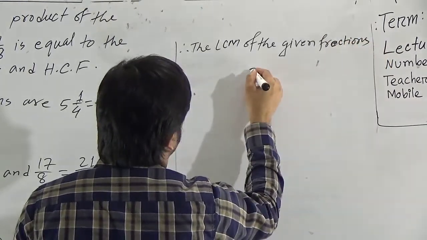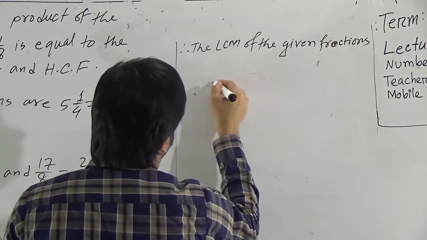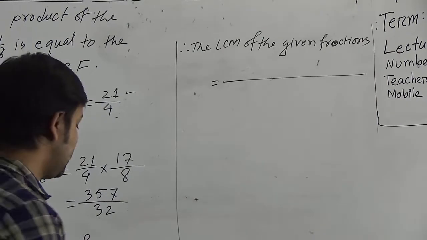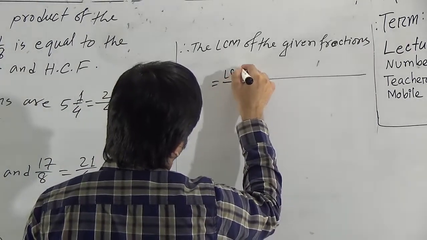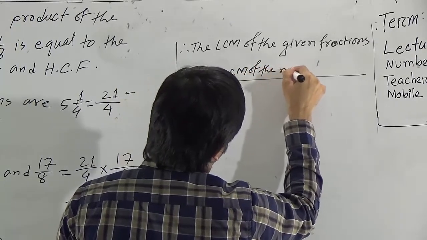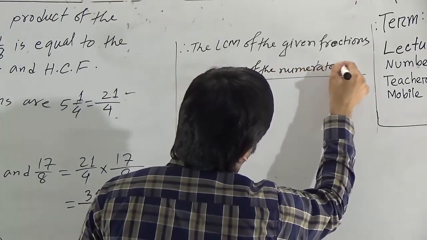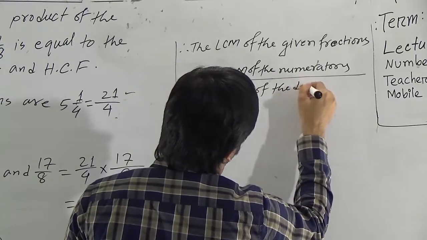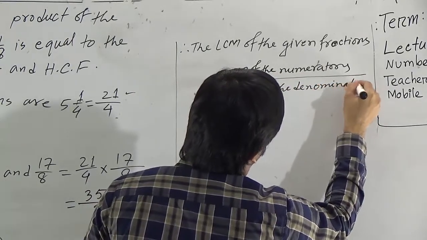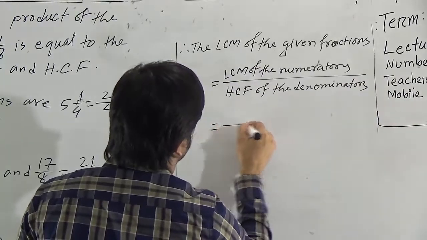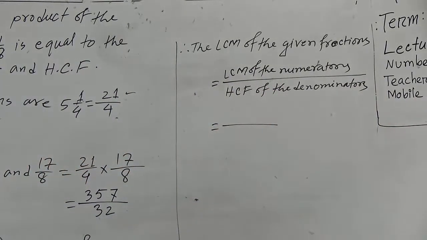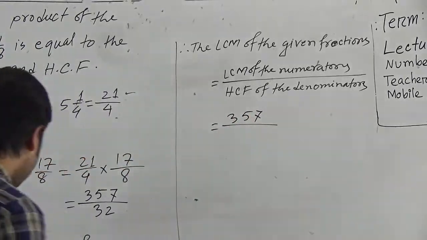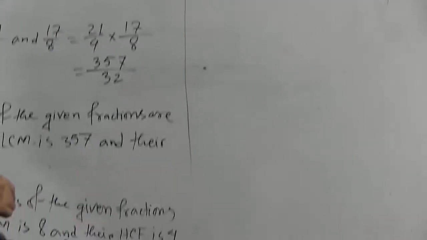LCM of the given fractions means here we have to do the LCM of the numerators according to the formula: LCM of the numerators over HCF of the denominators. Here LCM of the numerators is 357. HCF of the denominators is 4.